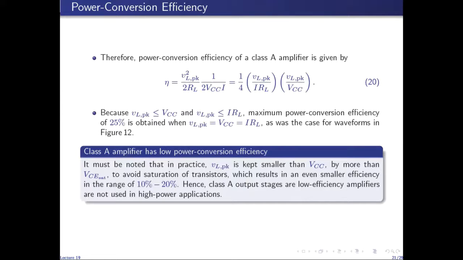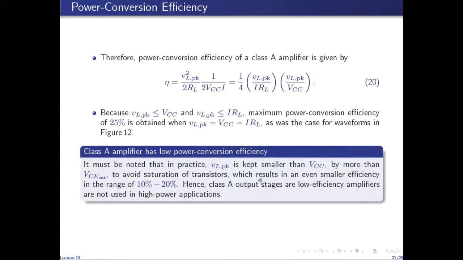So close to saturation, the non-linear effects of the circuit tend to distort the output. So VL peak is kept smaller than VCC by more than VCE stack to avoid such non-linearities and distortion of the output when Q1 is driven close towards saturation.